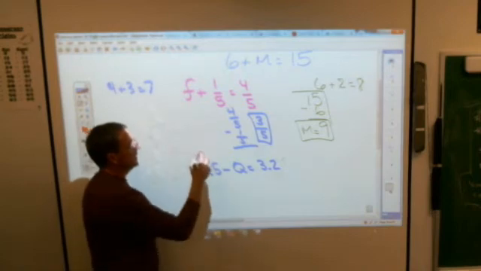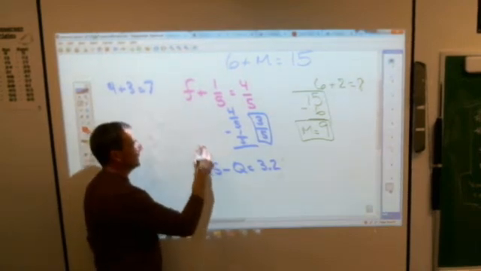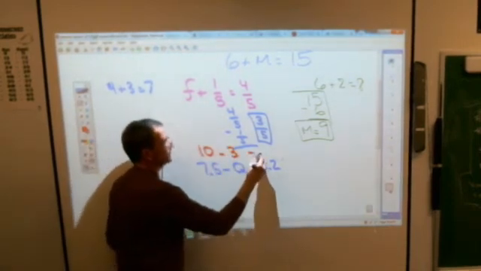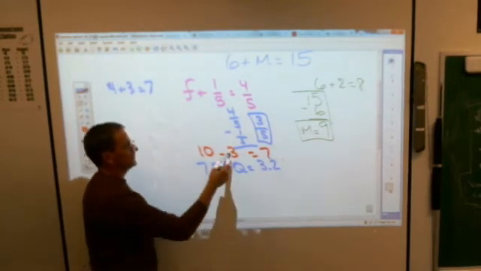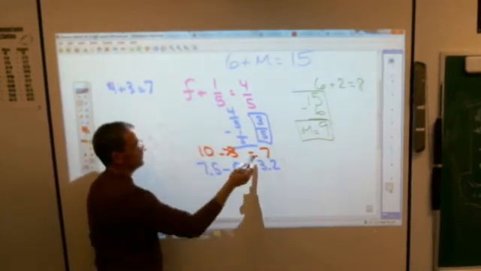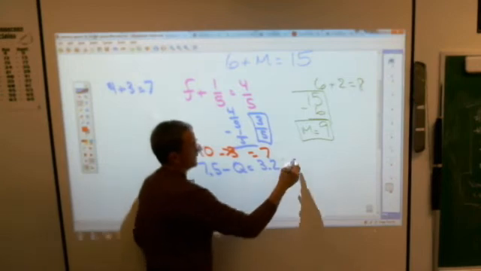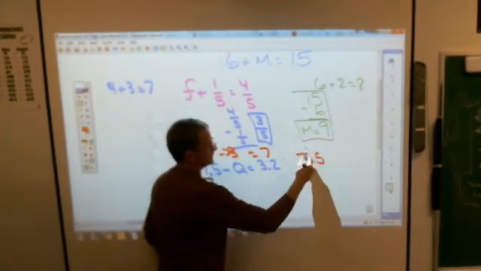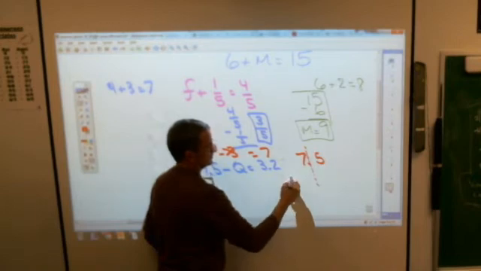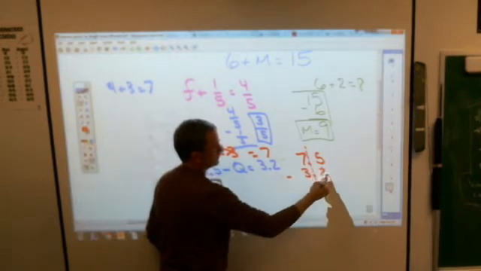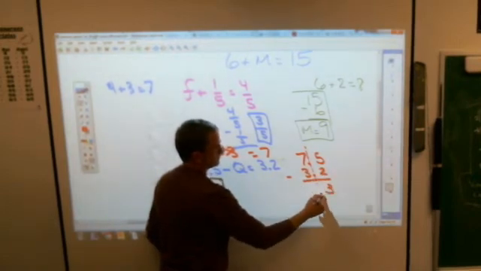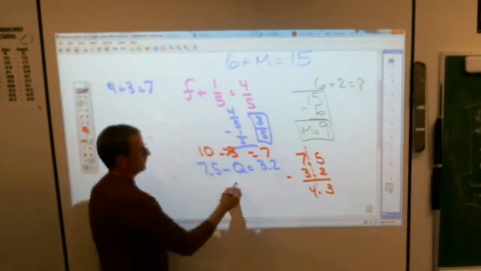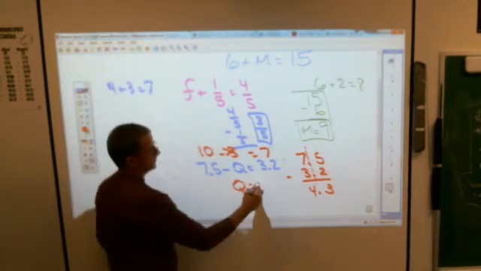I'm going to say, okay, let's say I've got 10 minus 3 is 7. If I'm missing the middle number here, what do I do with those two to get 3? You do subtract. Now you're subtracting the decimal. What's my rule on subtracting decimals? Line up the decimals. Line them up. So 4.3 is what the letter q equals.